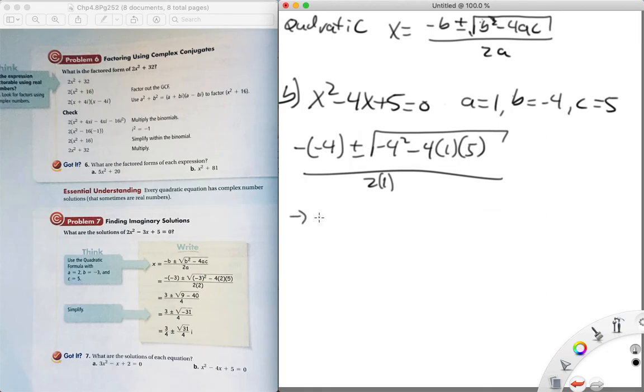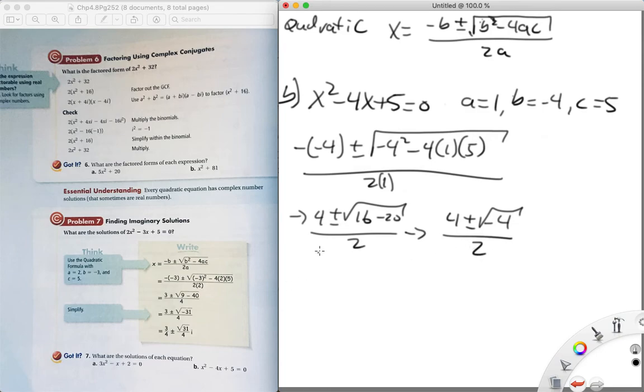And that gives me 4 plus or minus the square root of 16 minus 20, over 2. That's 4 plus or minus the square root of negative 4, over 2.